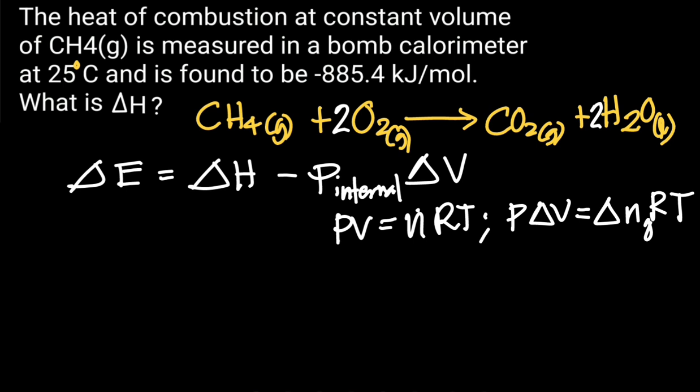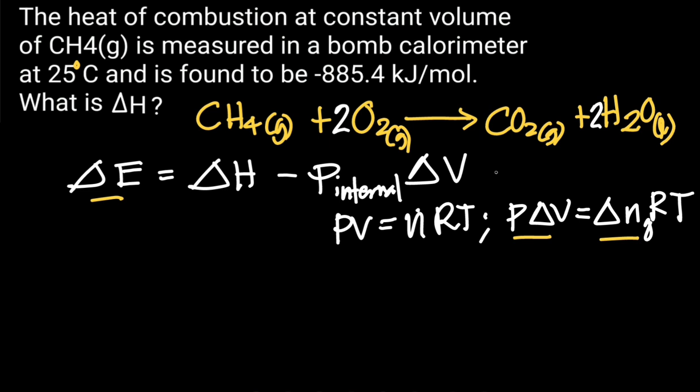So we're given the internal energy. P delta V is just the change in the number of moles involved in the reaction, which is the number of moles of the products minus the number of moles of the reactants, times the ideal gas constant and the temperature.